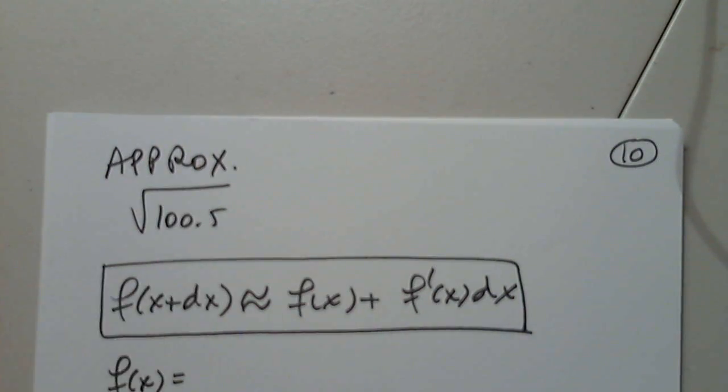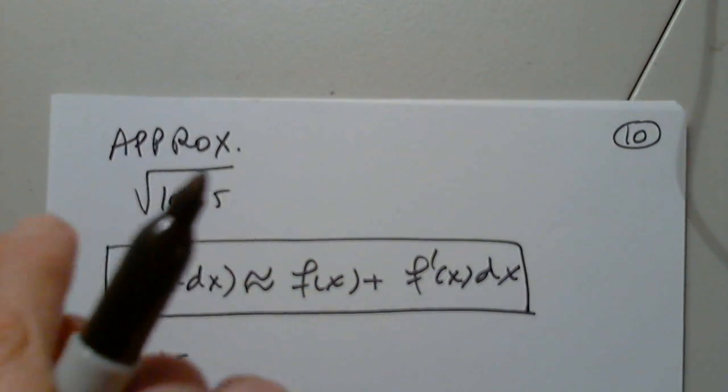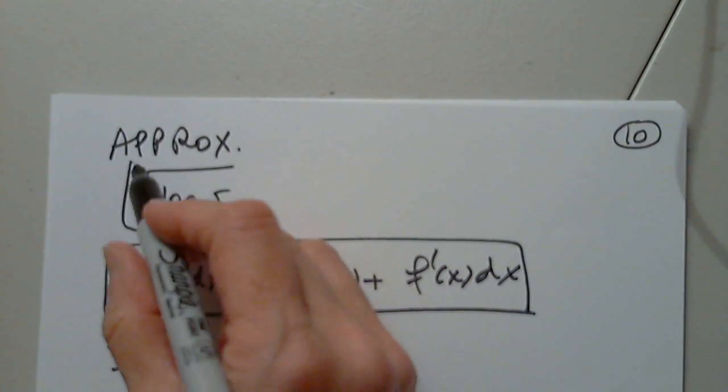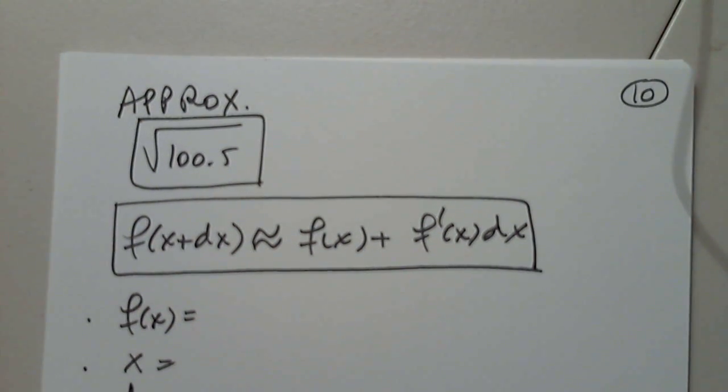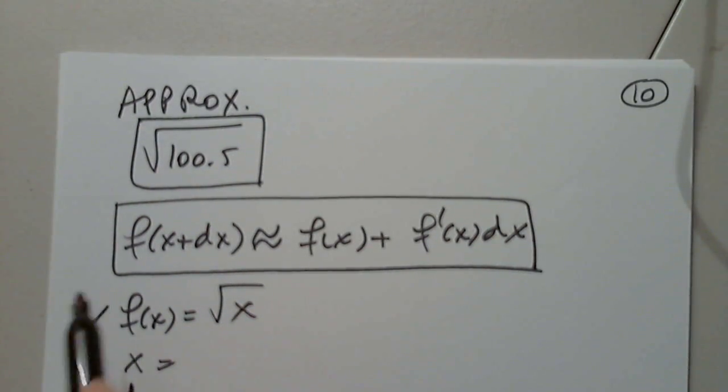Okay, so now let's look at this. Let's identify in here those three things. 1, 2, 3. What do you think? F of x might be square root of x. That's it. So then f prime is 1 over 2 the square root of x. So these two are done.